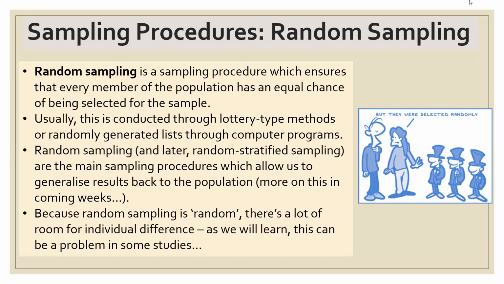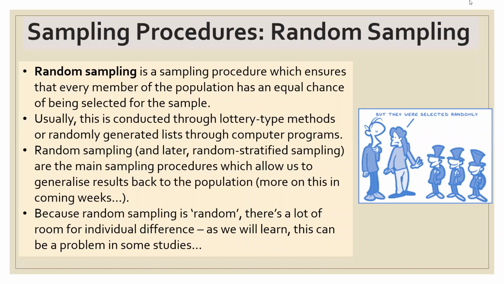So a lot of the time, random sampling is good in that sense. There's an advantage there because we can generalize results, but the disadvantage is that because random sampling is by its nature random, there's a lot of individual participant differences that can come up. And remember, we already learned in our last session that individual participant differences can become a potential confounding variable for your study.